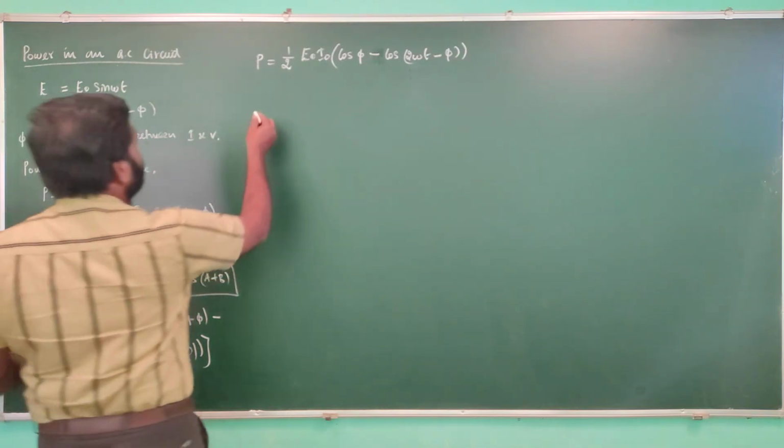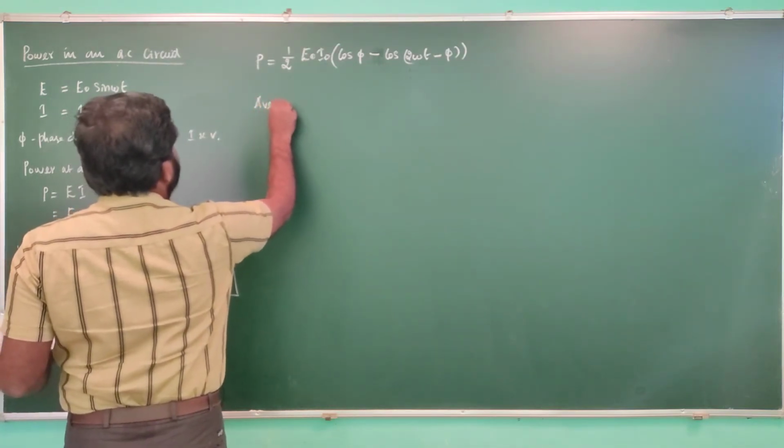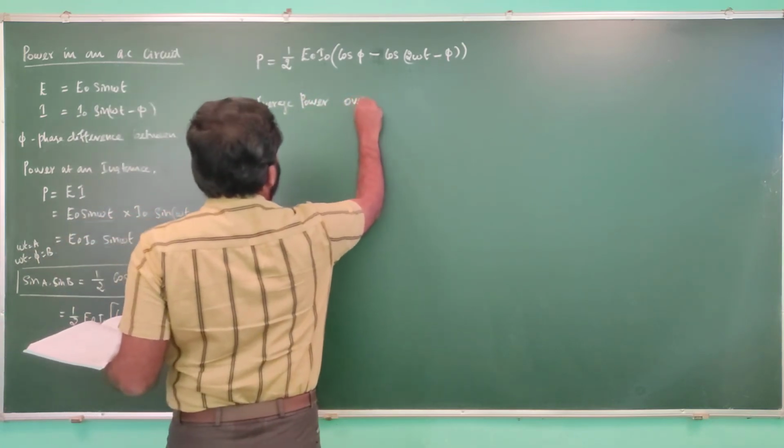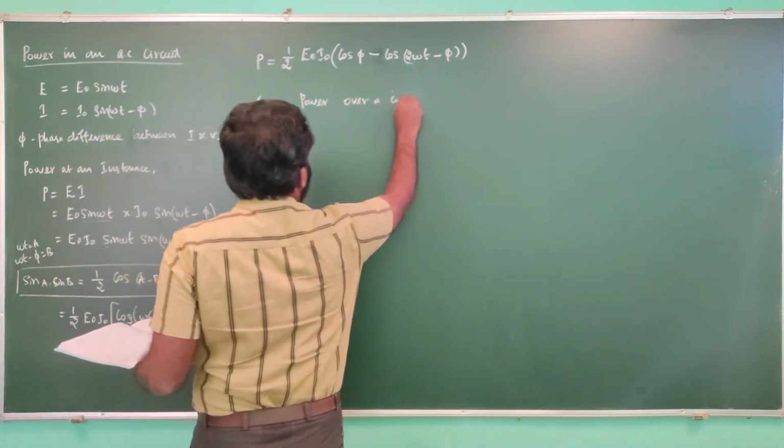Now we can write average power over a cycle.